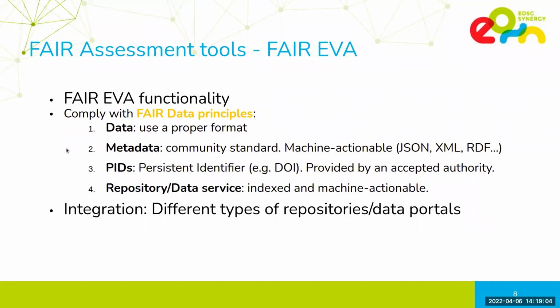So we are checking different things on a high level. For example, for data and the digital object, we check if they use a proper format within the context of a research community.